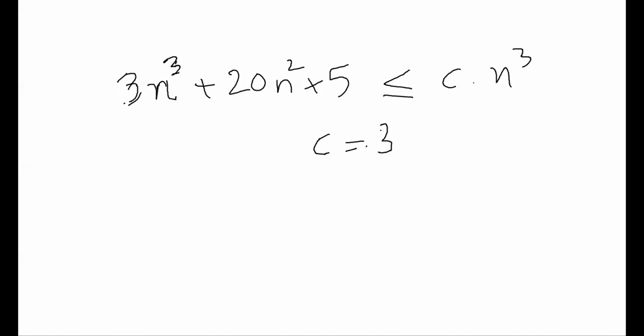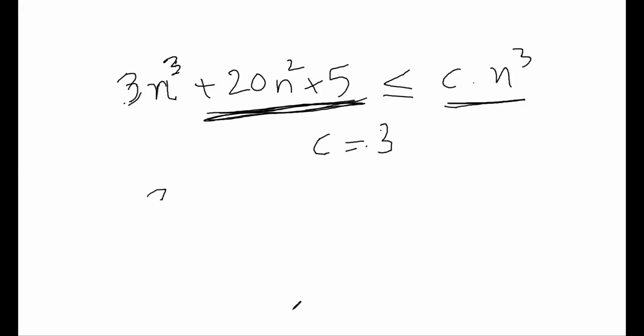If c is equal to 3, this is never going to hold, because this part is added to 3n cube. 3n cube plus something cannot be less than or equal to 3n cube.